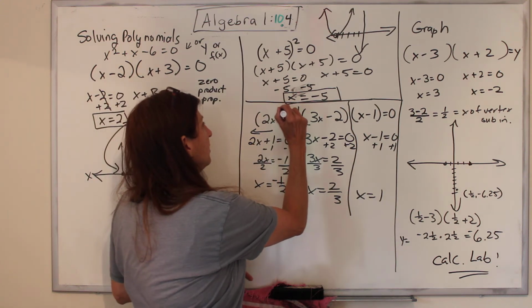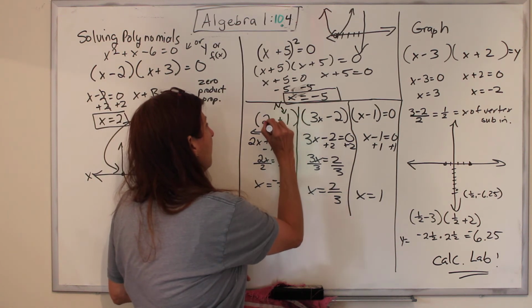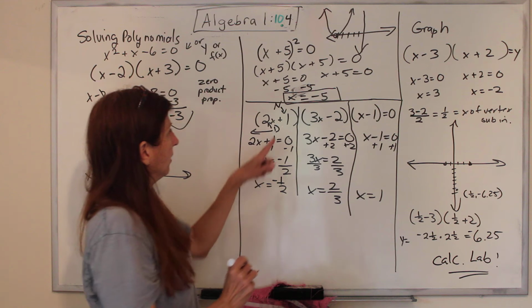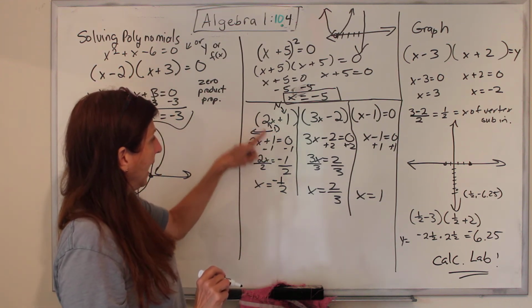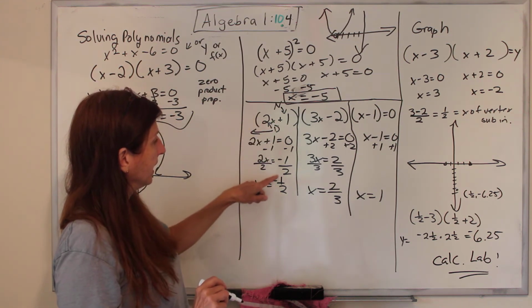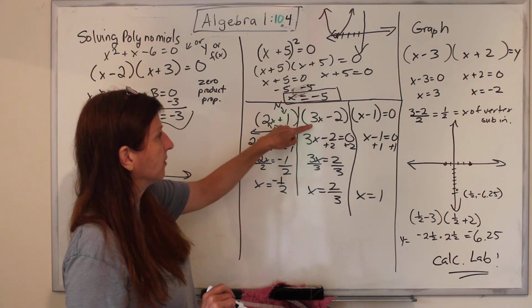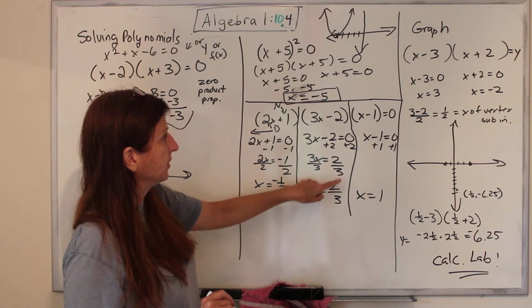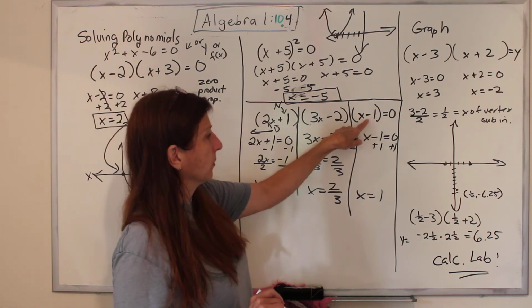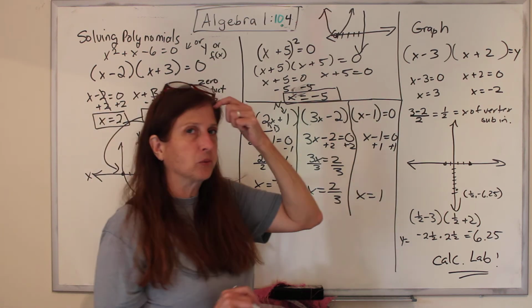This is the numerator and that is the denominator. See, 1/2, but it changed the sign, negative 1/2. This will be positive 2/3, numerator, denominator, positive 2/3. This one's a regular one. This is minus 1, it's plus 1.